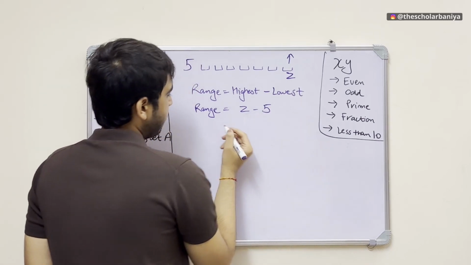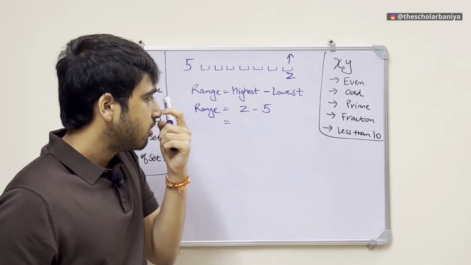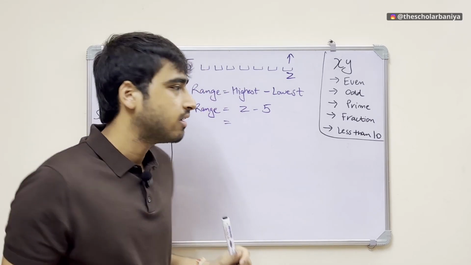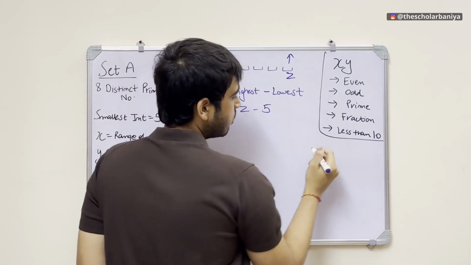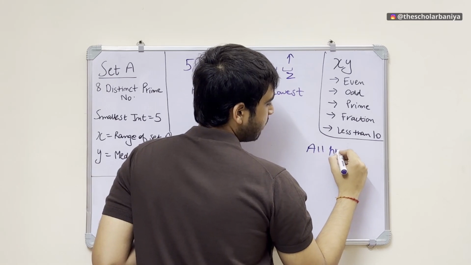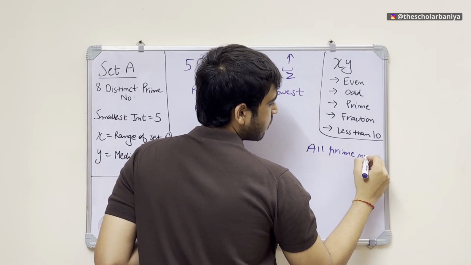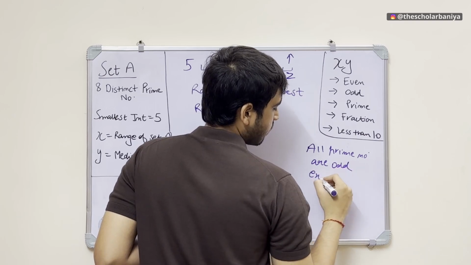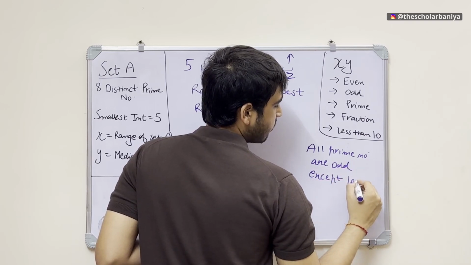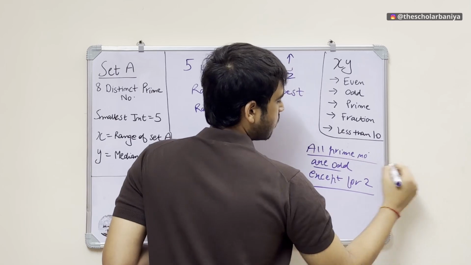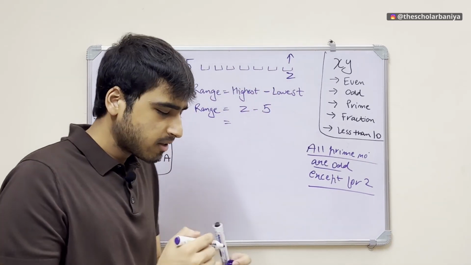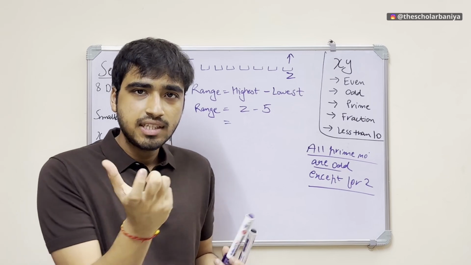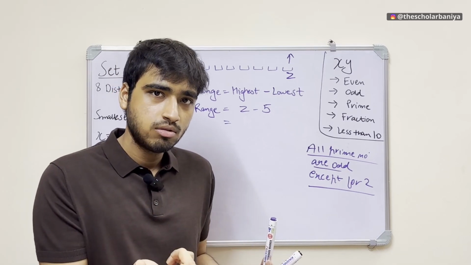We also know that all the prime numbers are odd numbers, except for 2. I think this should be very obvious, because if there is any even number, it will be divisible by 2.